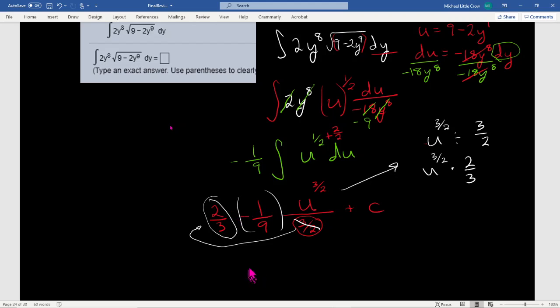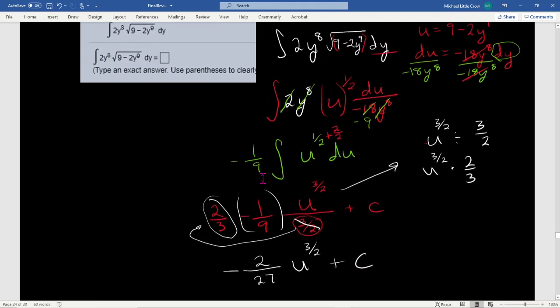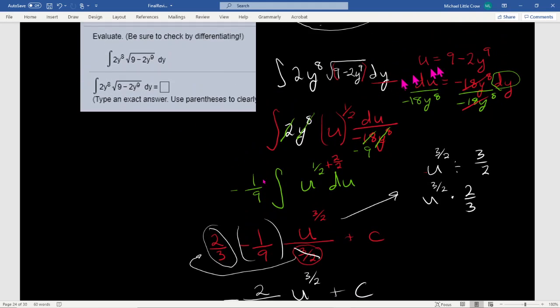2 times 1 is 2. 3 times 9 is 27. We keep that negative. We get u to the 3/2 plus a constant. And then we just do this back substitution where we created the u. That was us. We invented something, but what is it?